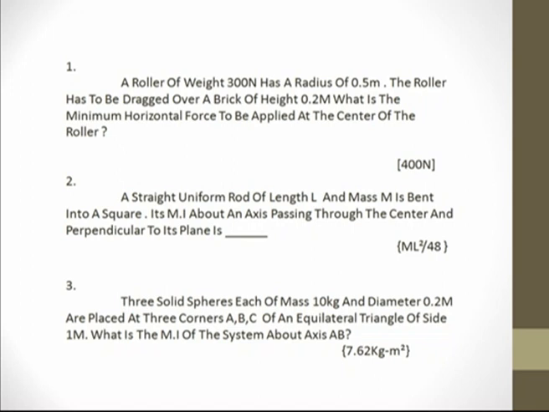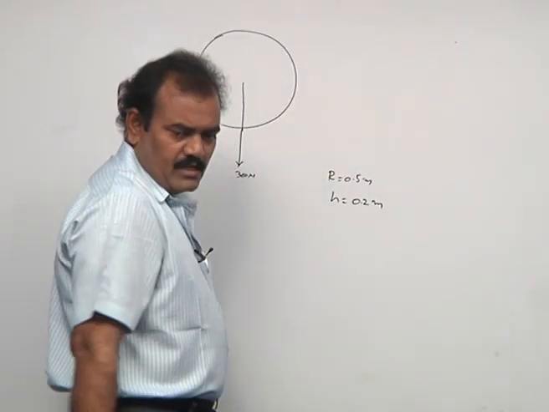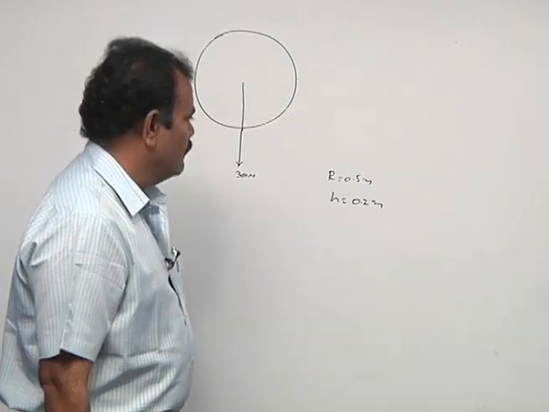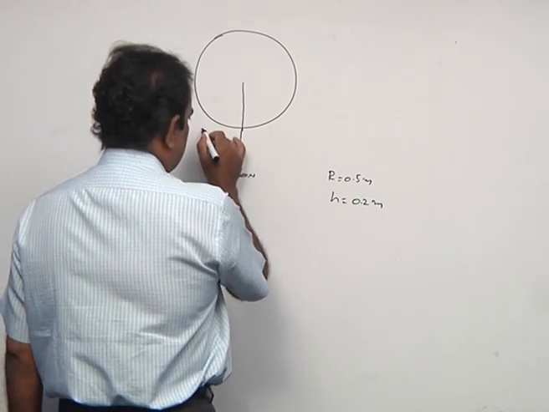So h can be taken as 0.2 meters. What is the minimum horizontal force to be applied at the center of the roller?